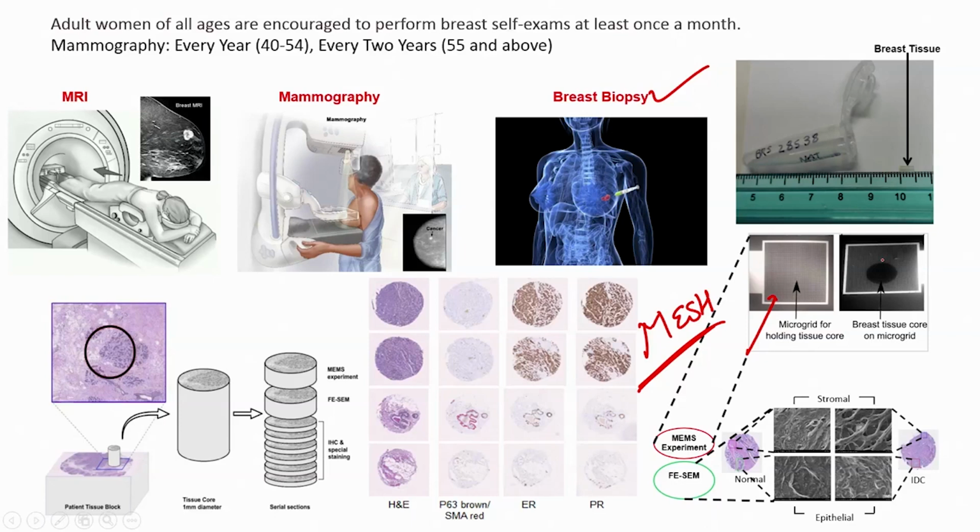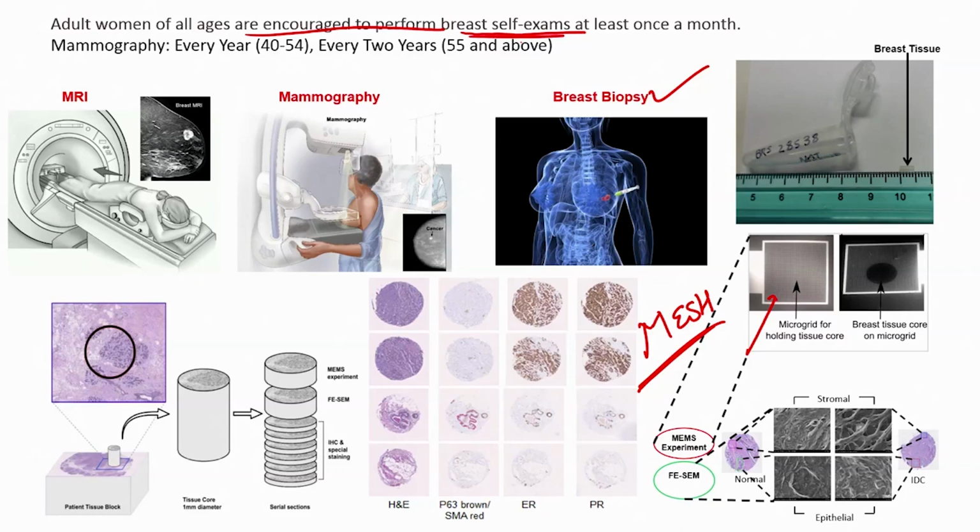So, if I go to the next slide, we will see what that device is. But before I move to the next slide, let us see one more thing on this slide: women of all ages are encouraged to perform breast self exams at least once a month.